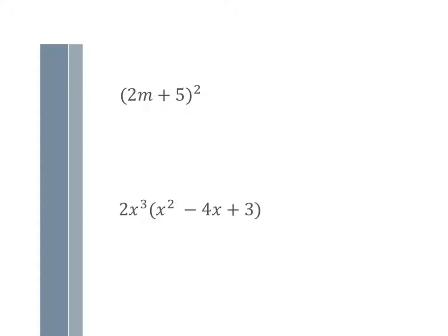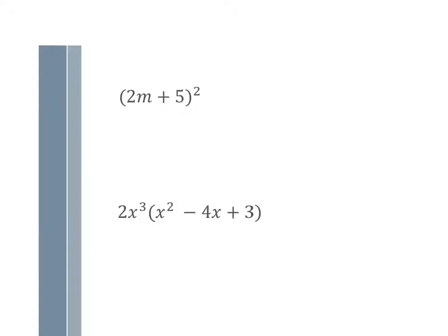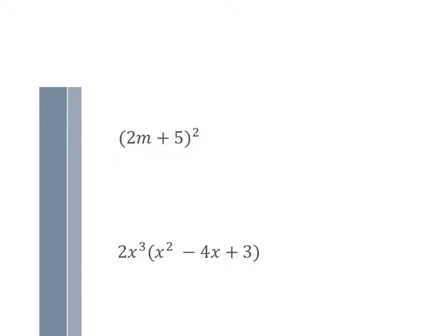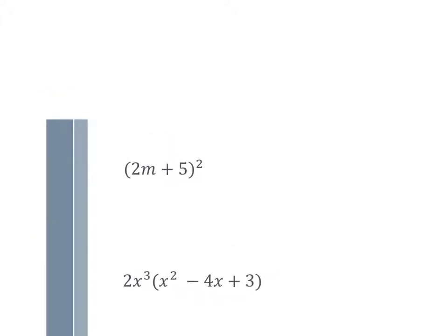Now, remember yesterday when we talked about exponents, I gave you only monomials, or just a single term. Now we're dealing with binomials and trinomials. So yesterday, remember when we saw the power of a product, you had something like 2x squared raised to, let's make this the 4th, and it was squared.